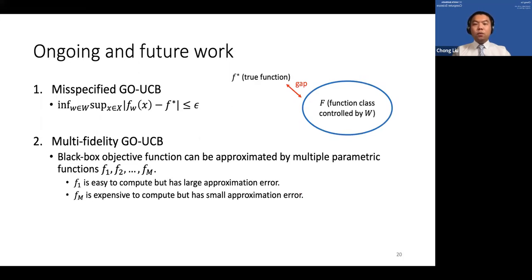The last function, f big M, is very expensive to compute but has the smallest approximation error. So the key question here is how can you use this set of different levels of approximation to solve the black box function optimization? This is the second ongoing and future work.